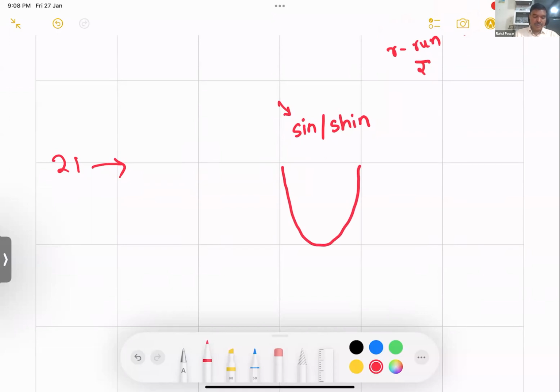See how to write Sin and Shin. From here, go to the middle. It is very important: when the dot is on my left-hand side, then it is clearly Sin. When the dot is on the right-hand side, then it is Shin.